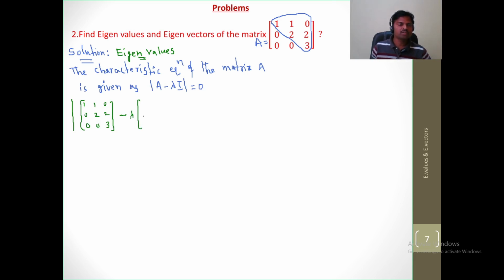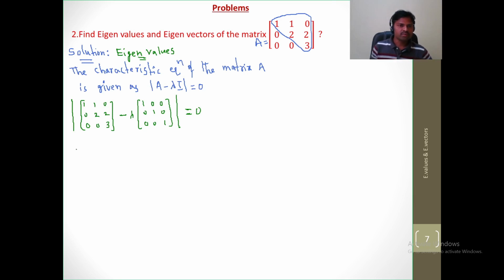Which order identity matrix do we have to take? 3 by 3. Why? Because the given matrix A is of order 3 by 3, so the identity matrix we take is also 3 by 3. The determinant of this should be 0, such that the lambdas are eigenvalues.